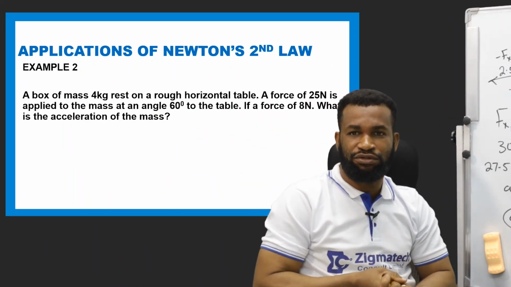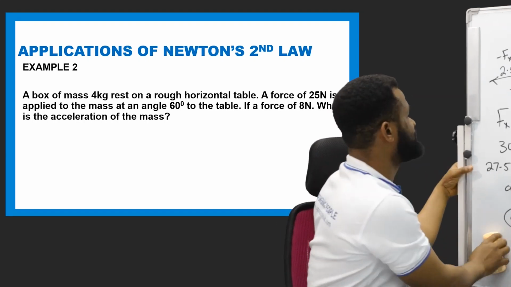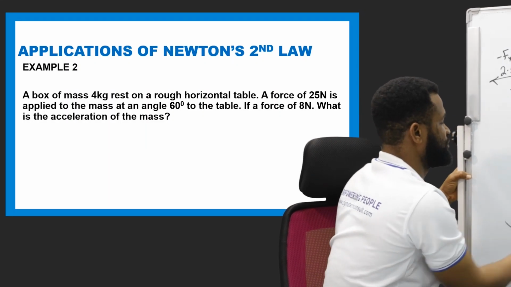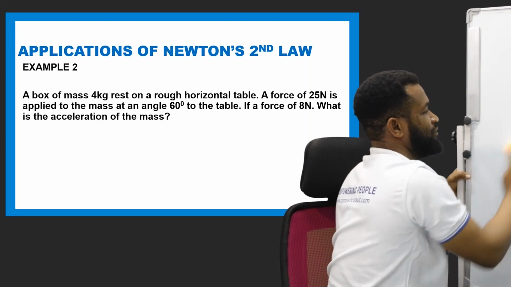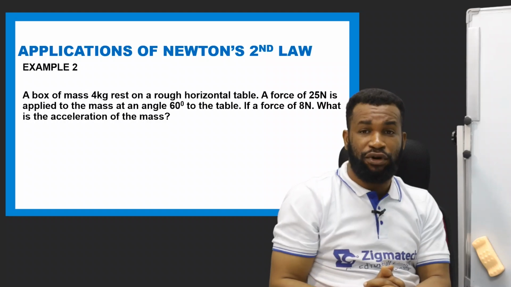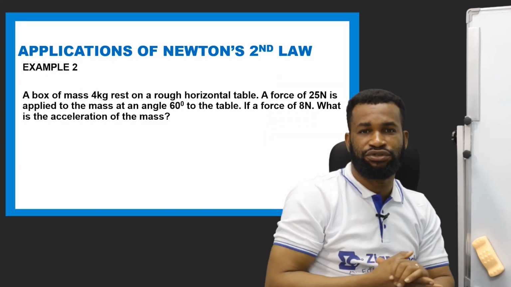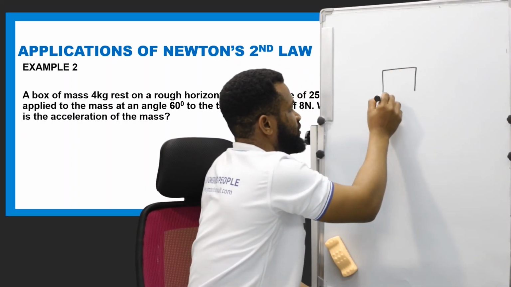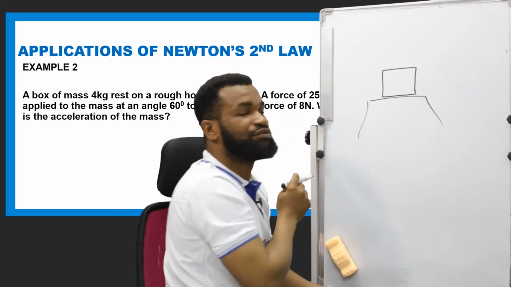We also have a second question, and this one came differently. A box of mass 4 kg rests on a rough horizontal table. So this is a box, and this represents the table, right?